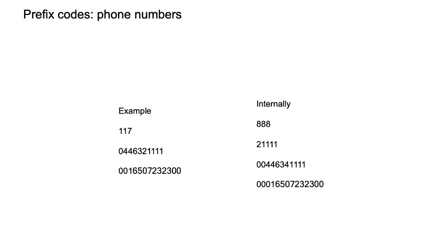It's phone numbers. You might have noticed that when you dial a number on a landline, at least on the mobile phones it's no longer that way, it's only going to start dialing once it detects that the number is complete. Somehow there is something magical about phone numbers, that it knows when the number is done, in spite of the length being different. For example, if you're inside at ETH, there is 888 to 1111.